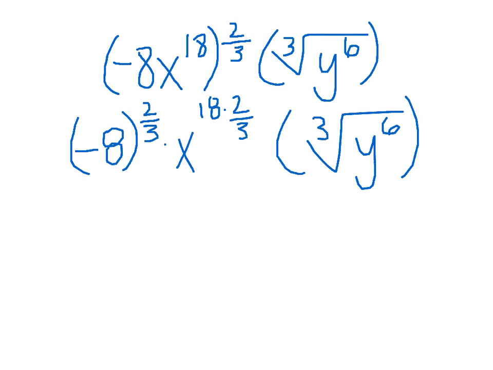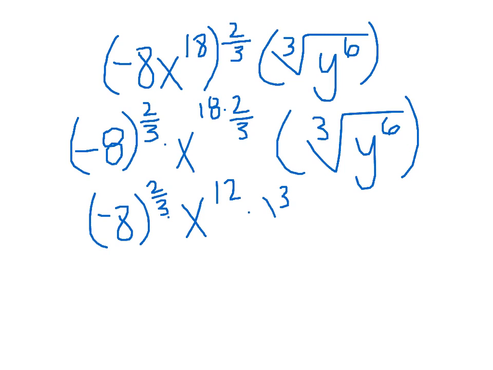Just tackle it one piece at a time. And if I look, 18 times 2 divided by 3 can be simplified to 12. So I have x to the 12th. And I've still got my negative 8 to the 2/3. And I still have my cube root of y to the 6th over here.